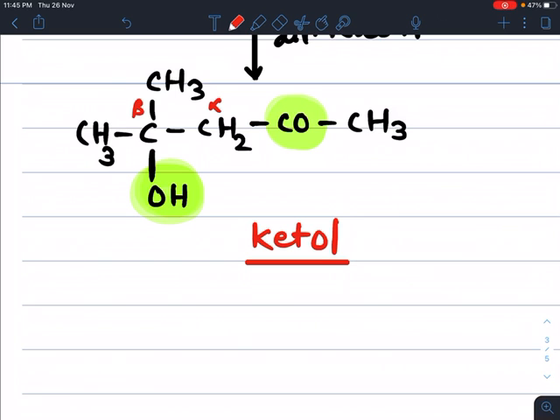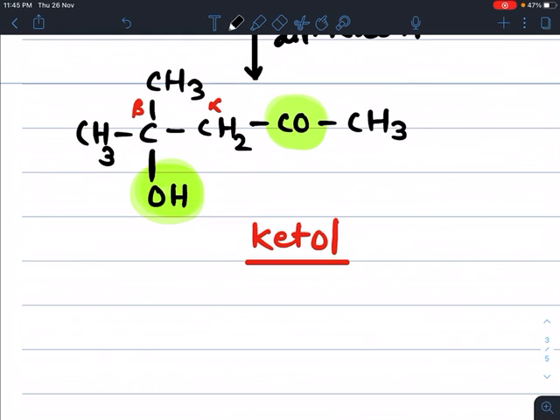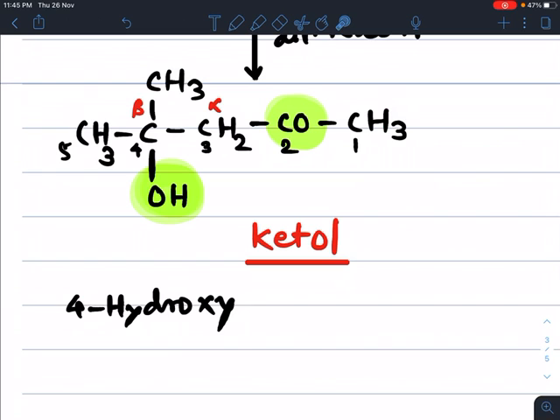The IUPAC name of this compound: if we number the straight chain from the side which gives the minimum possible number to the ketonic group, then at position 4 the OH group is attached. To this fourth carbon atom a methyl group is also attached.